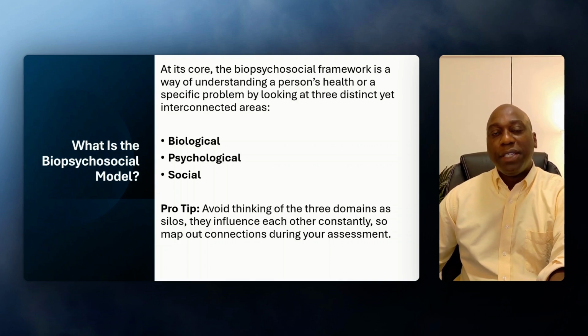Biological. This component includes a person's physical health, genetics, brain chemistry, nutrition, and any medical conditions or physical disabilities they may have. It also considers things like substance use and physical activity levels.